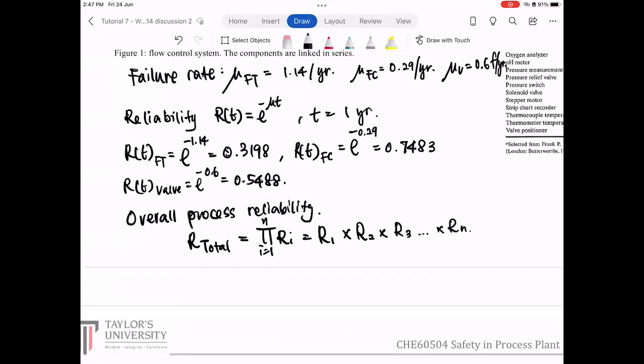Because reliability plus unreliability: reliability means how reliable, the statistics of how often your process works. And unreliability means the probability of your process failing.